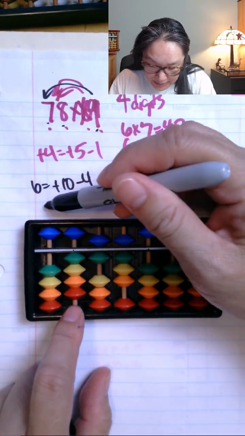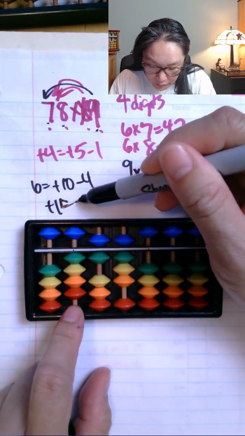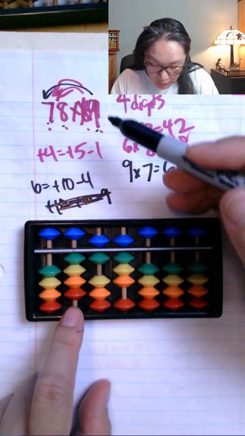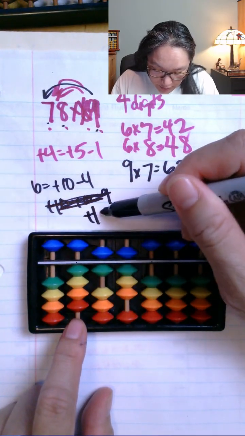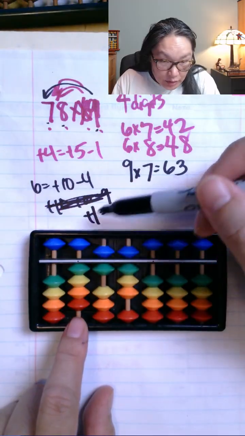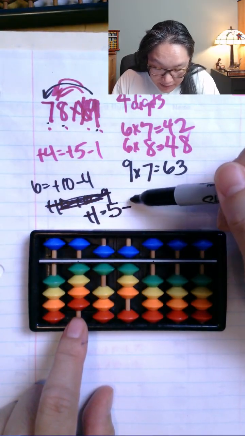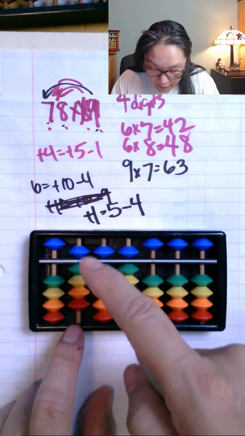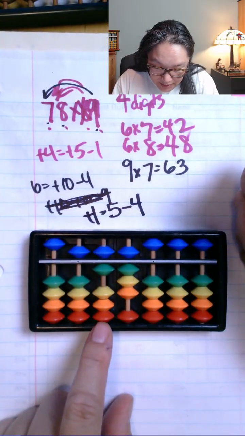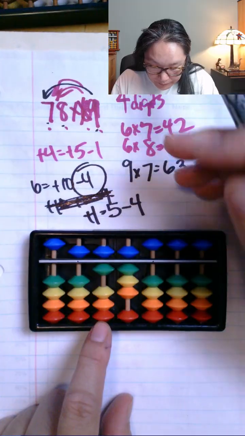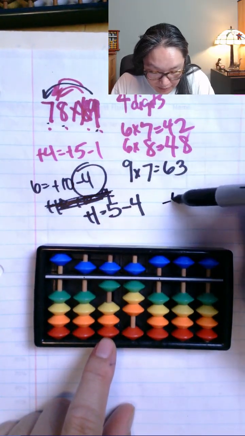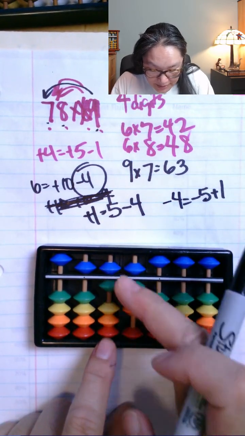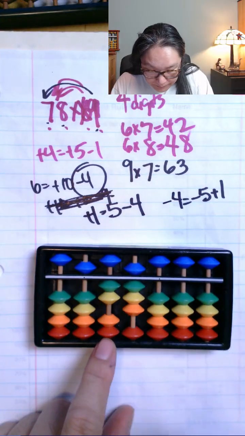So plus the 10 is equal to plus the 10 again minus 9. No, I want to plus the 1. To plus the 1, I need to plus the 5 minus 4, because I have enough to add the 5. Plus the 5 minus the 4. And then here I have to minus the 4. Minus 4 is equal to minus 5 plus 1. Minus the 5 plus the 1.